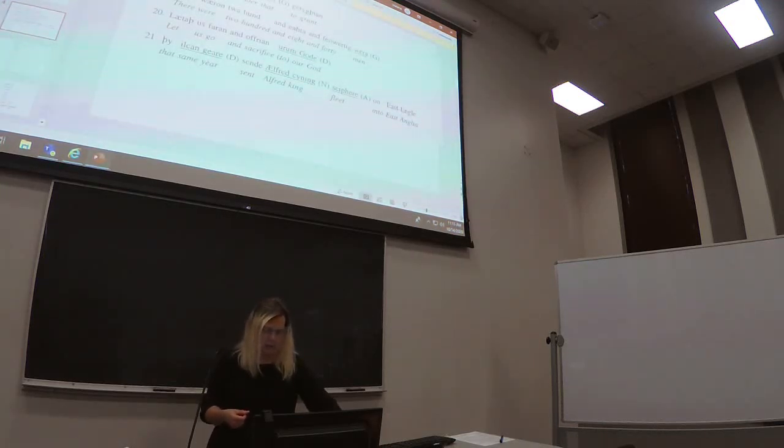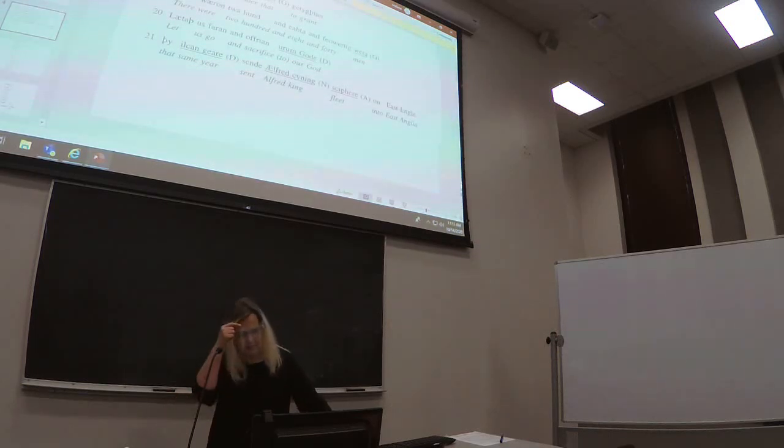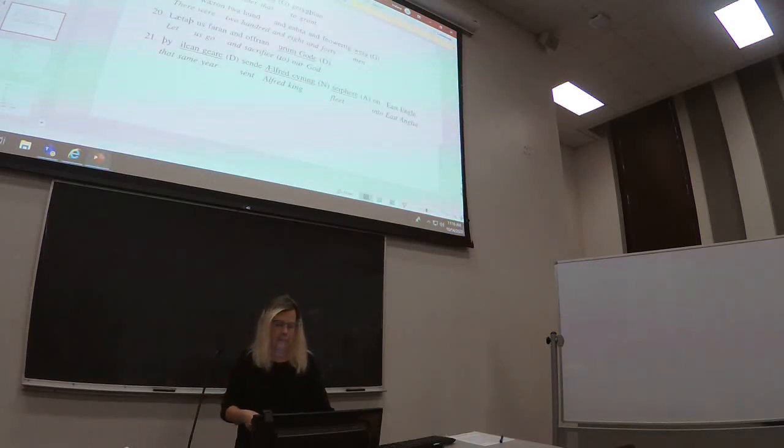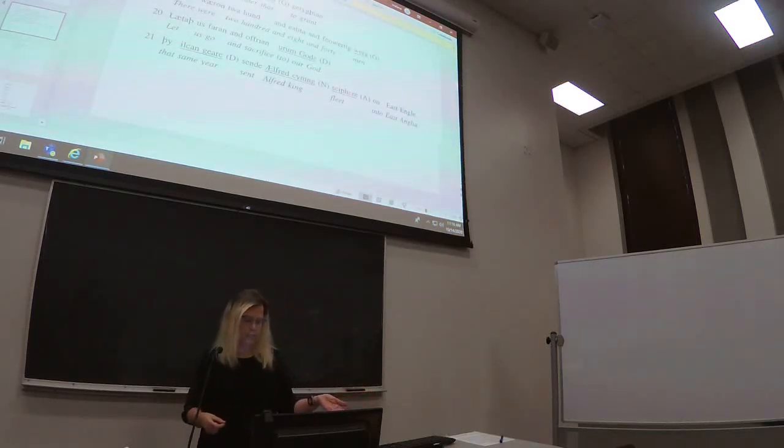So 20, we have orum gode in dative because it's the indirect object, sacrifice to our God. So lætas us faran and offrian orum gode.